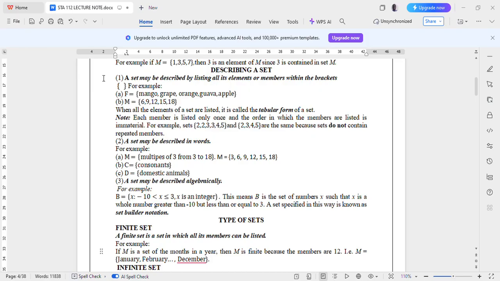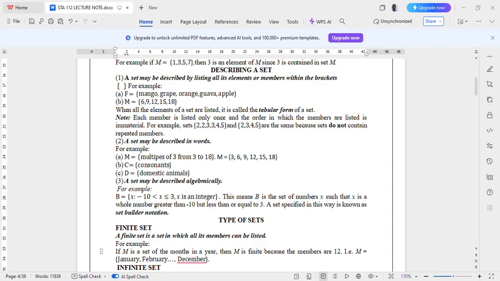So let's look at this: minus 10 is less than x. This is the same thing as x is greater than minus 10.